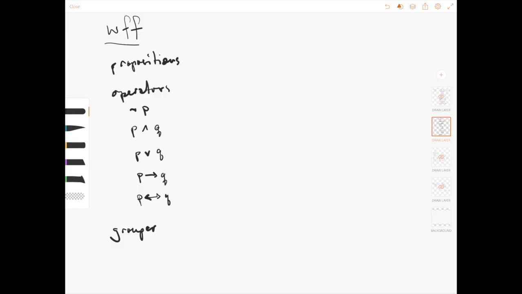All right, so now, here is a little bit more formal definition of a well-formed formula. A well-formed formula is a proposition, or what results from joining propositions together using operators correctly and indicating the scope of the operators with groupers.